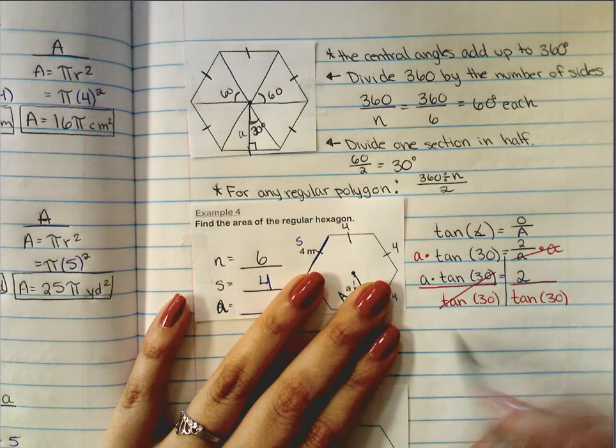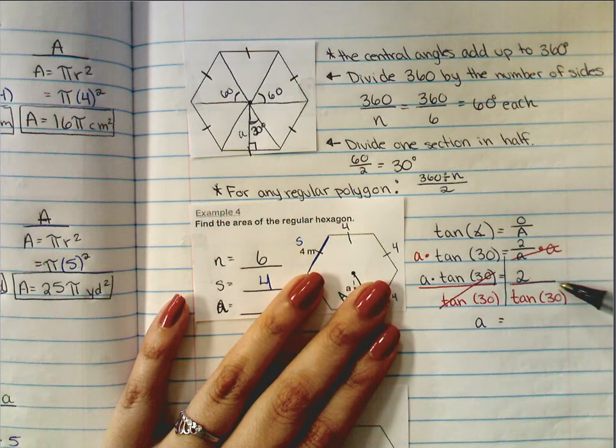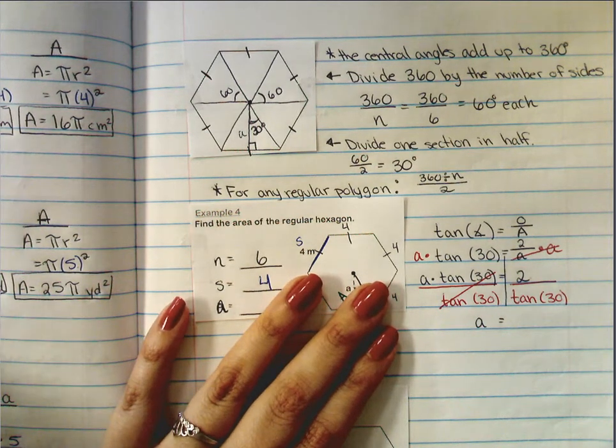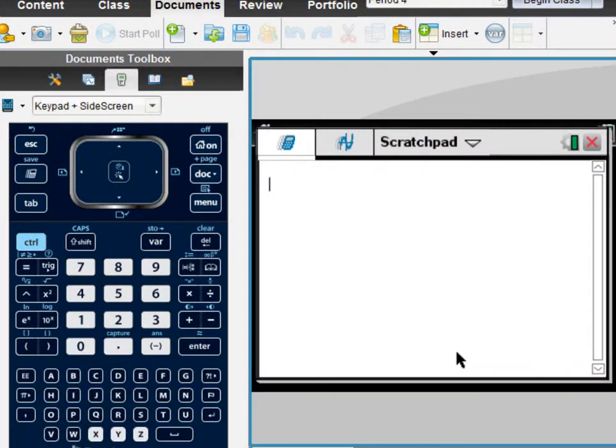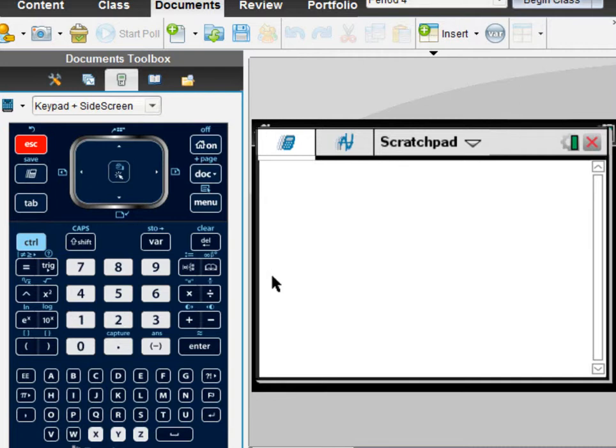So now the a is left over, so I'm going to carry that down right here. And I'm going to divide 2 divided by tangent of 30. If you forgot how to do it, I'm going to show you right now. Remember, you still got to make sure your calculator's in degree mode. I'm going to go to trig. I need tangent. First I got to type my 2.